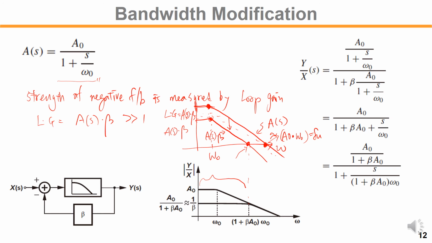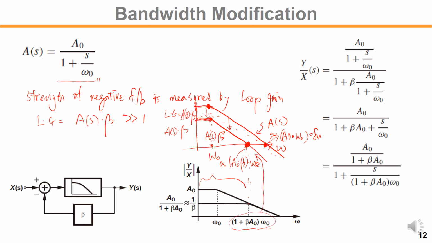For a similar method, we can estimate the frequency where the loop gain is equal to 1. That would be the DC gain times A0 beta. The DC gain will now go down by beta, so A0 times beta. This is the loop gain, and then omega 0, right? So approximately the feedback becomes effective up to this point.